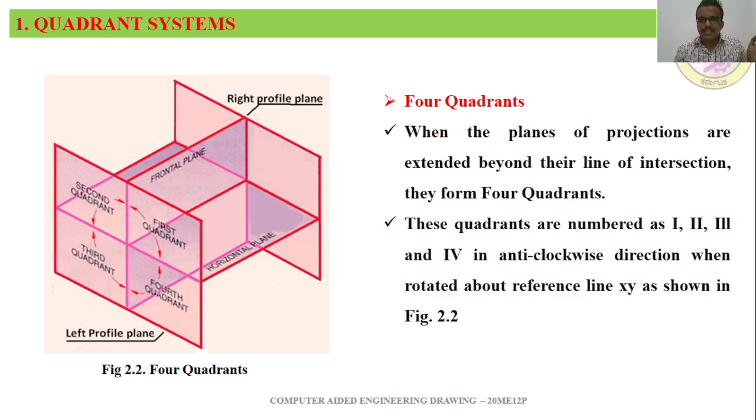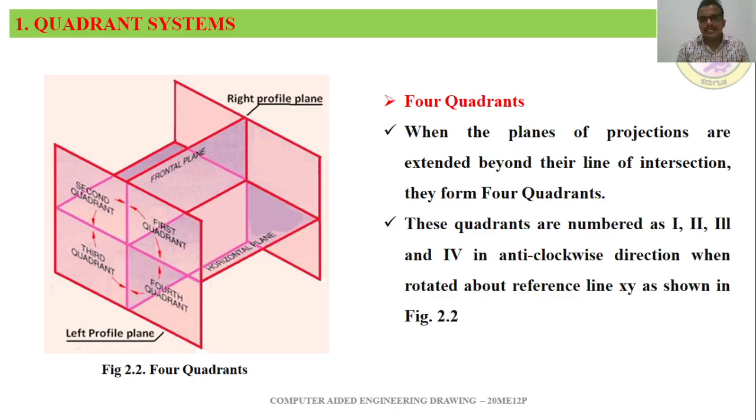We have the left profile plane and the right profile plane. Can you relate this quadrant to the planes we discussed in session 1? Yes, it is similar to the frontal plane, the horizontal plane and the profile planes, that is the right and left side profile planes. It is similar to the projection planes we discussed in session 1.